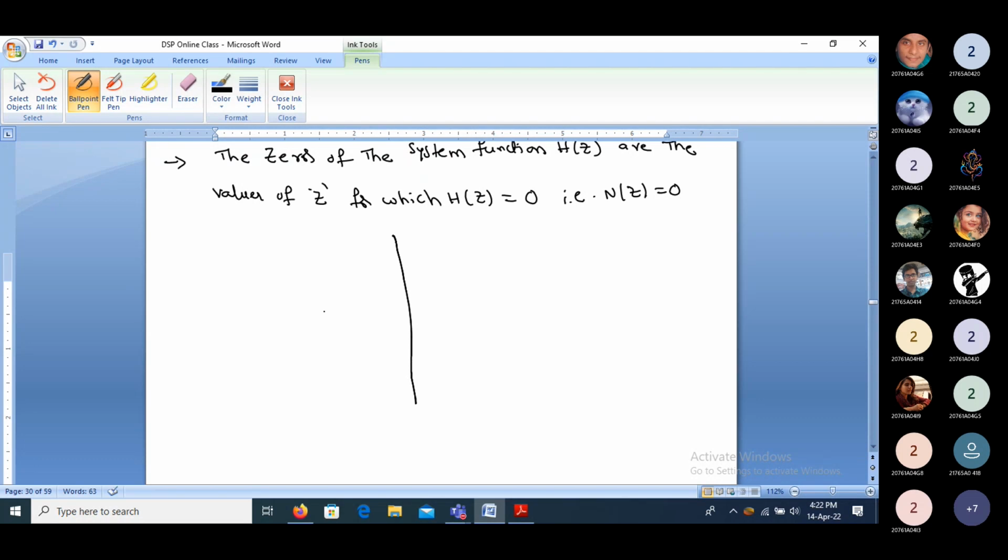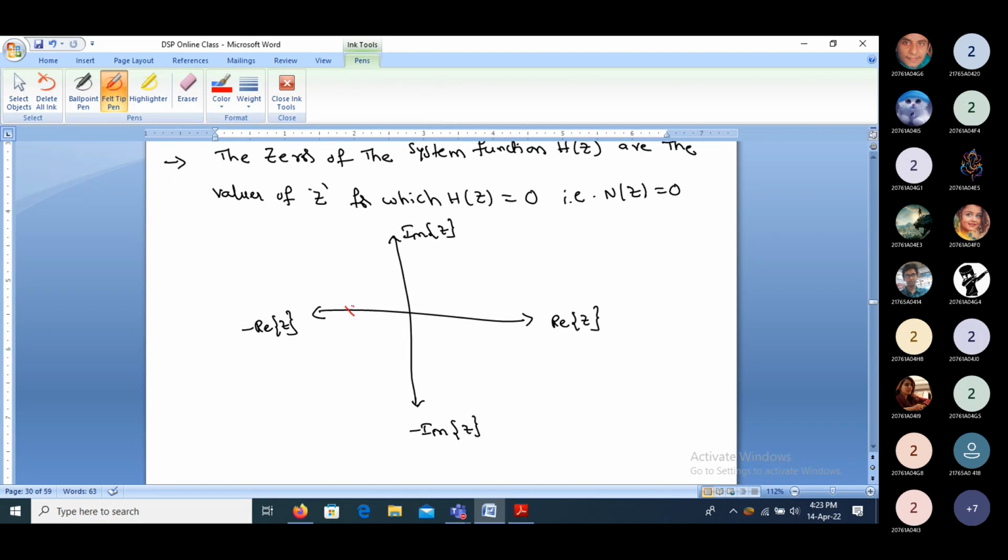The plot is like this: the real part of z, minus real part of z, the imaginary part of z, and minus imaginary part of z. I think all of you know this one. Poles are always marked by a cross mark.